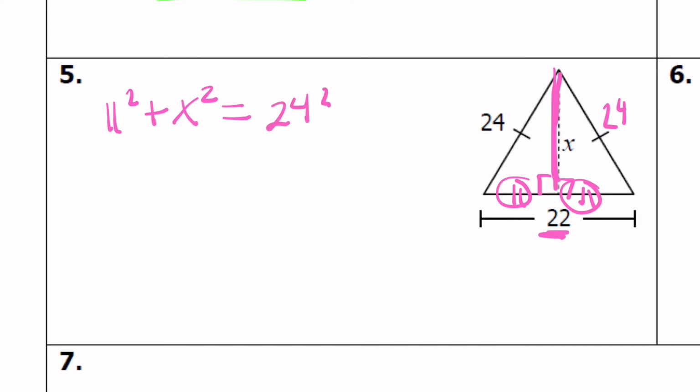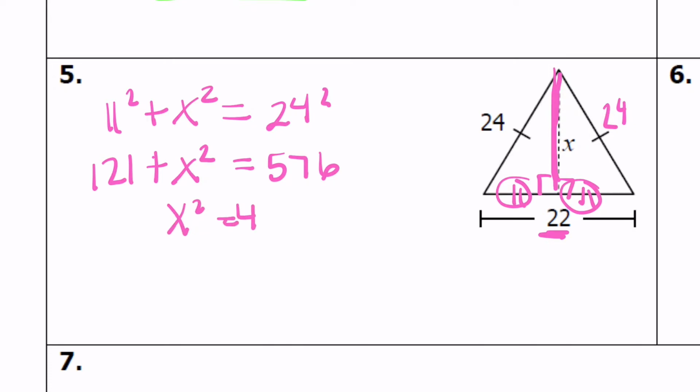So 121 plus x squared equals 576. x squared then equals 455. So then that leaves x equal to 21.3.